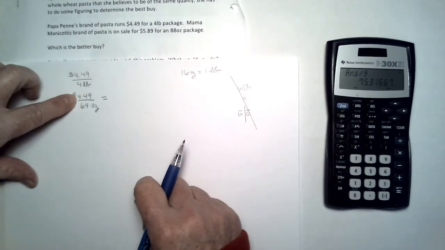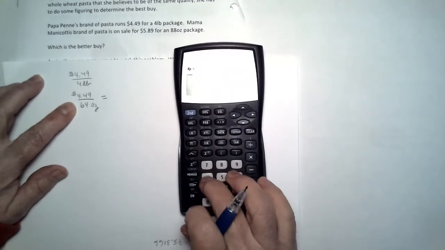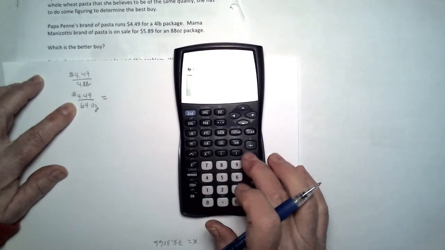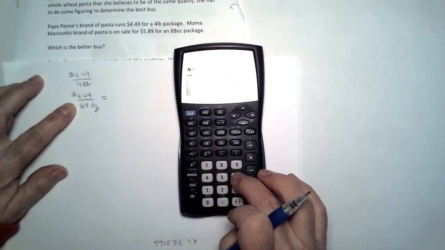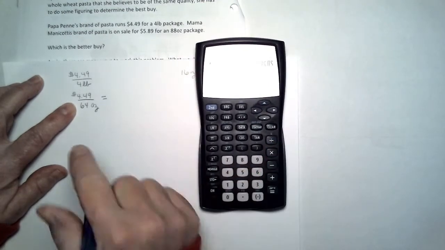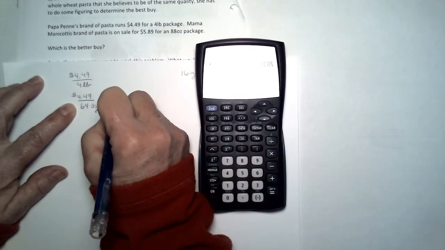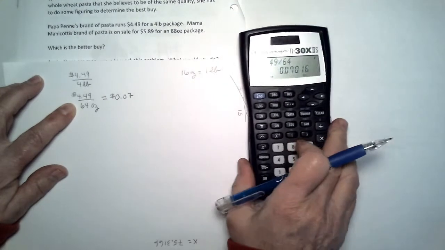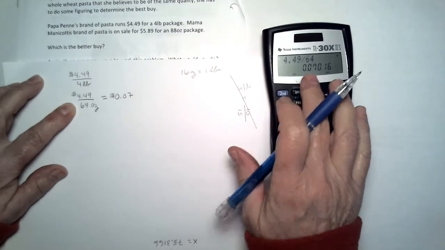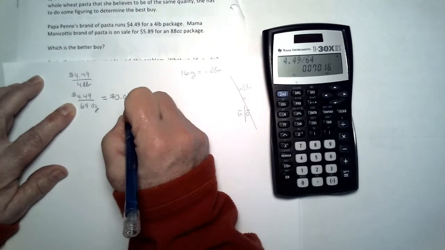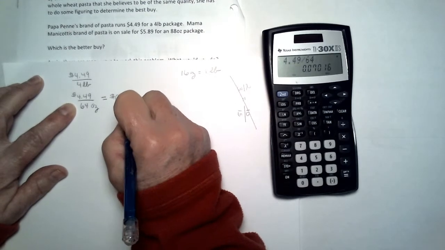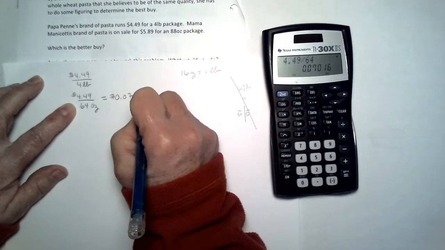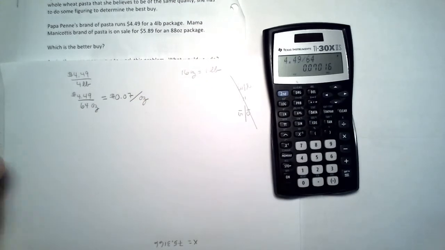I'm going to divide the bottom into the top. So I have 4.49 divided by 64, and I end up with 0.07, and we're talking about money, so I'm going to be rounding that off to the nearest penny, so 0.07 per ounce, okay, so basically 7 cents per ounce.